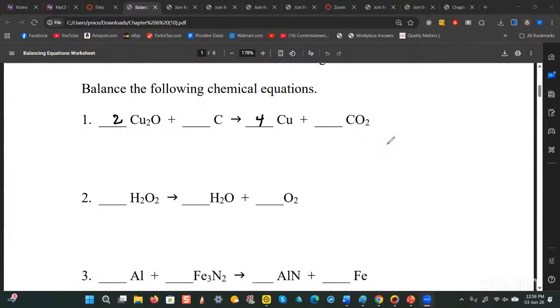Could you put a 2 in front of the H2O2? Okay, so put a 2 in front here, and a 2 in front of the H2O. I would agree with that. That's correct. Okay, very good.